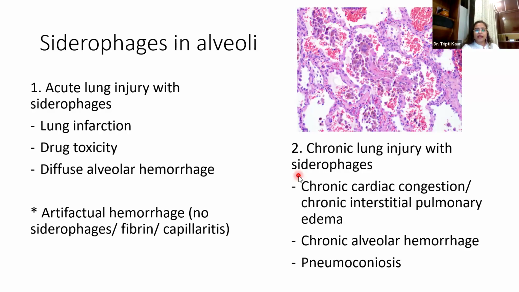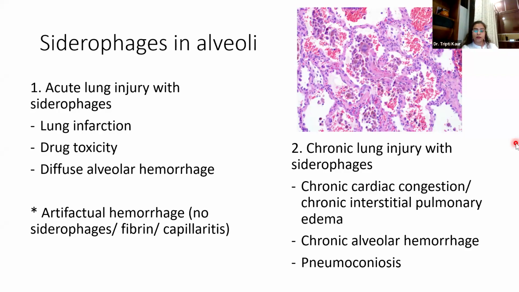So you can take a screenshot of this. This is all what you people have spoken just now: lung infarction, diffuse alveolar hemorrhage, chronic cardiac congestion, and chronic alveolar hemorrhage causes like vasculitis, necrotizing sarcoid granulomas, and sometimes in case of pneumoconiosis also you can have vascular injury, and they can actually mimic siderophages.